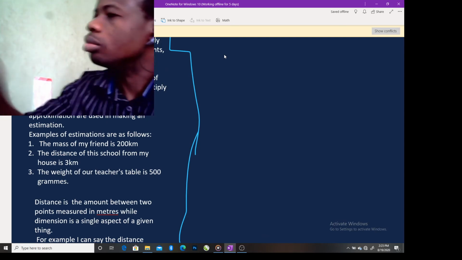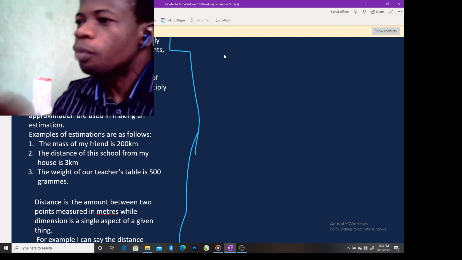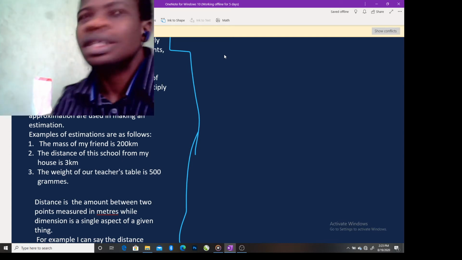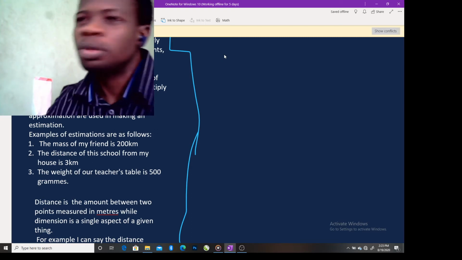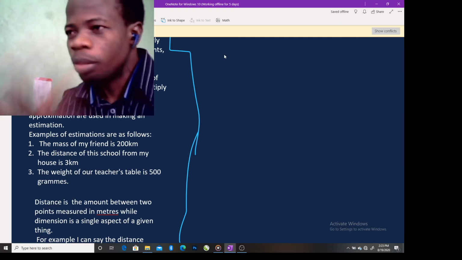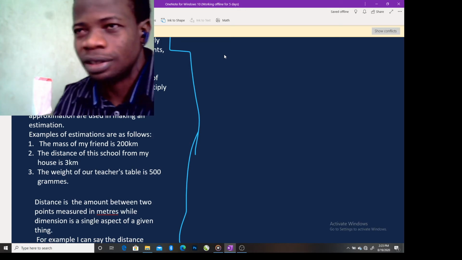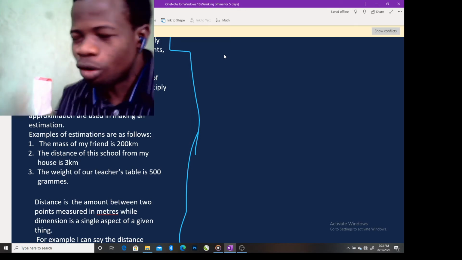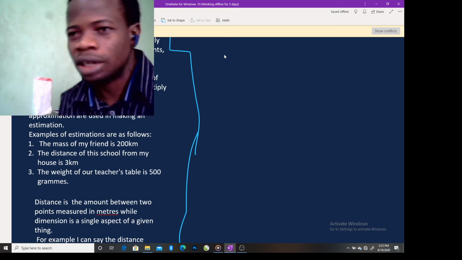For distances, you have meters, centimeters, kilometers, millimeters. For capacity, you have liters, centiliters, the centimeter cube. That's how you measure things in form of capacity: how much quantity a body can contain, how much substance it can contain.